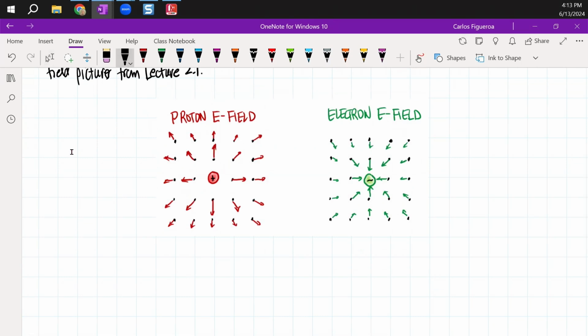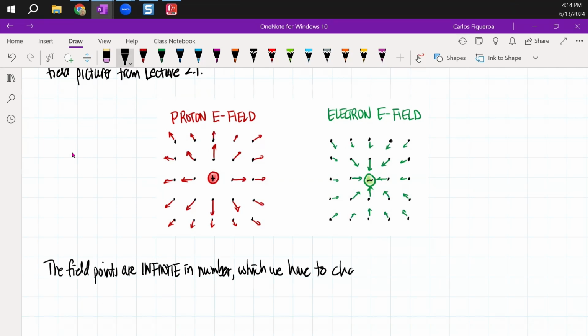So the issue here is that the field points are infinite in number, which we have to change.